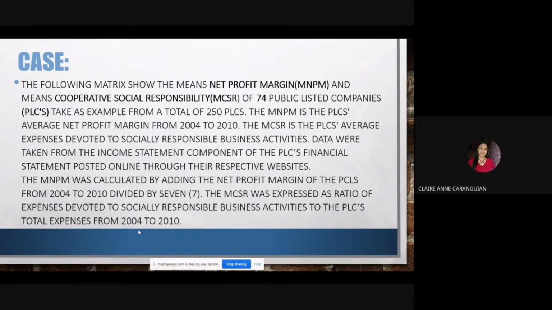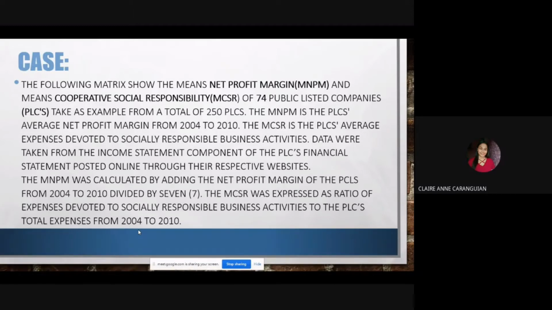The mean of net profit margin is the public listed average net profit margin from 2004 to 2010. The mean of corporate social responsibility is the public listed company average expenses devoted to socially responsible business activities. Data were taken from the income statement component of the public listed financial statement posted online through their respective websites.